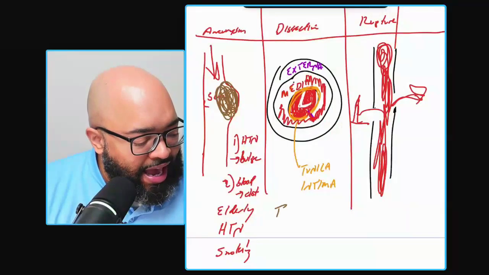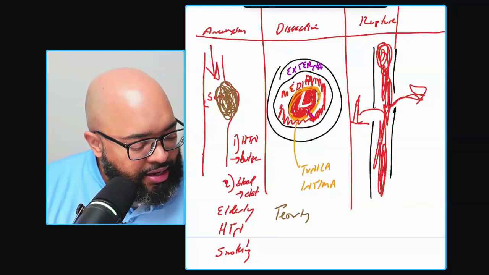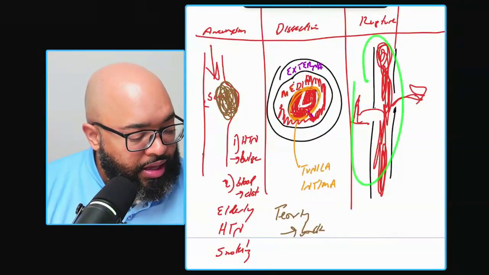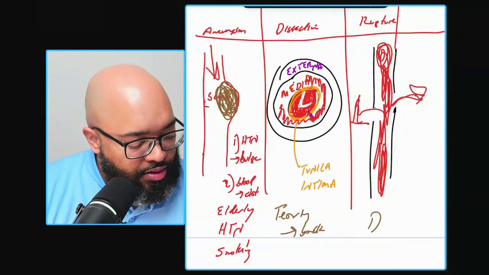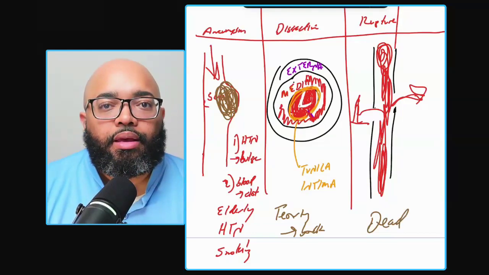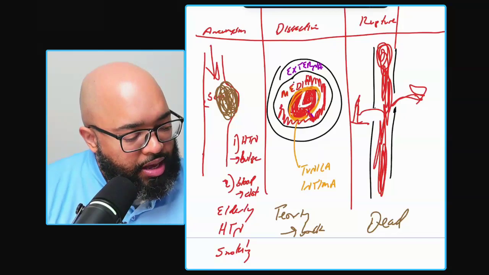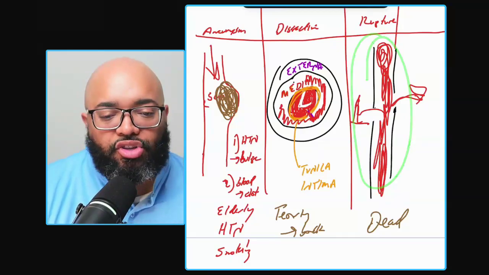It's chest radiating to the back. Yeah, so this is going to be a tearing sensation with radiation to the back. And then with the rupture, they're likely to be dead.